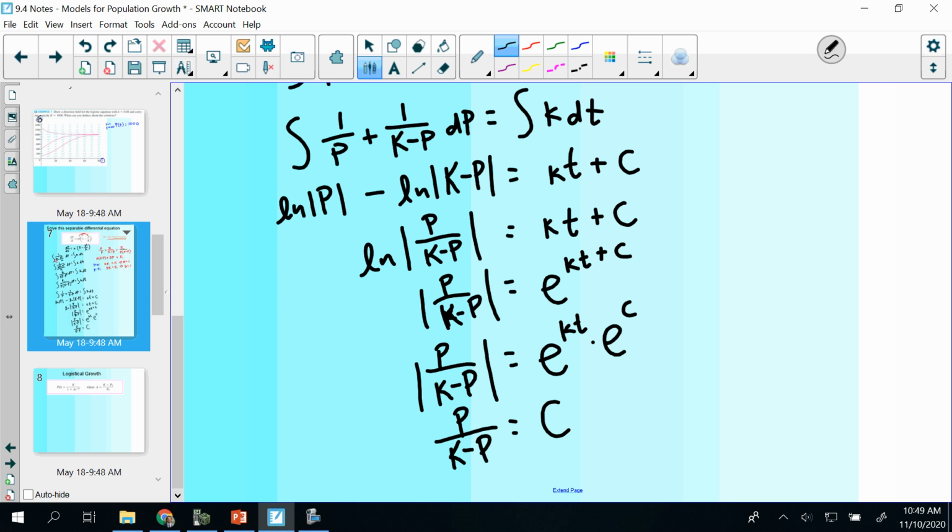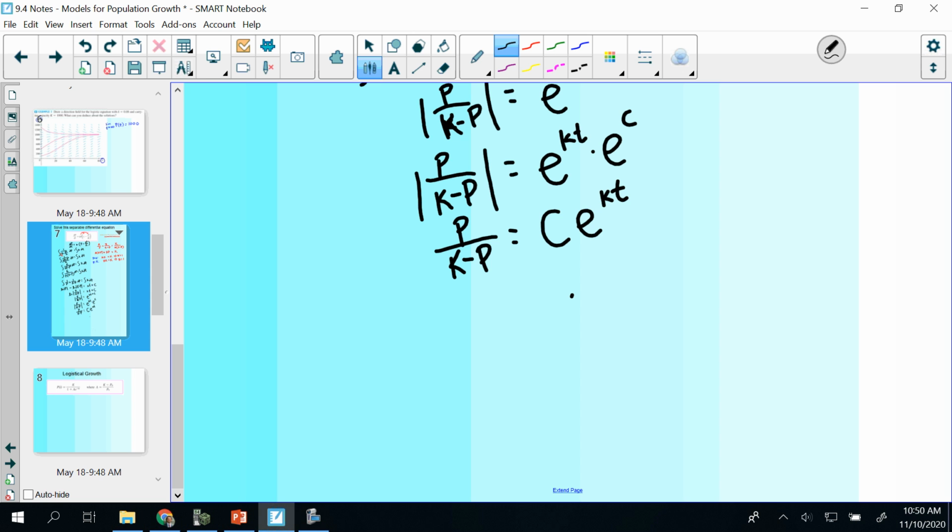I'll use capital C here, e to the little kt. All right, so now we're getting closer to solving this one. Our goal again is to solve for p. It would be better if I did not have this division going on where I got two things in the denominator. So what I'm going to do is take the reciprocal of both sides. And that's allowable because that'd just be like doing some multiplying and then dividing by the other thing.